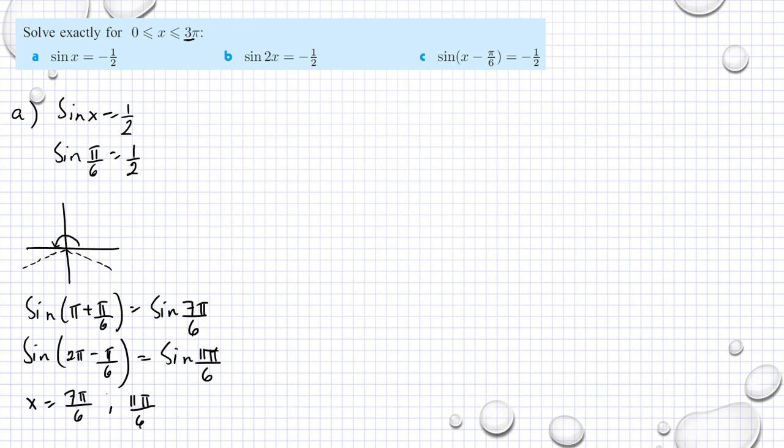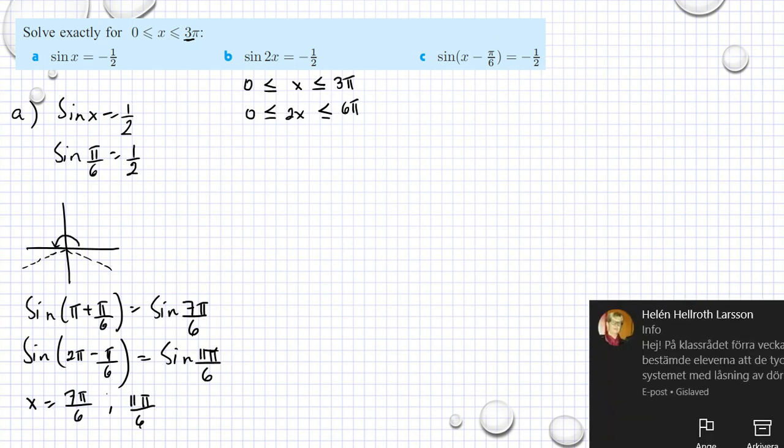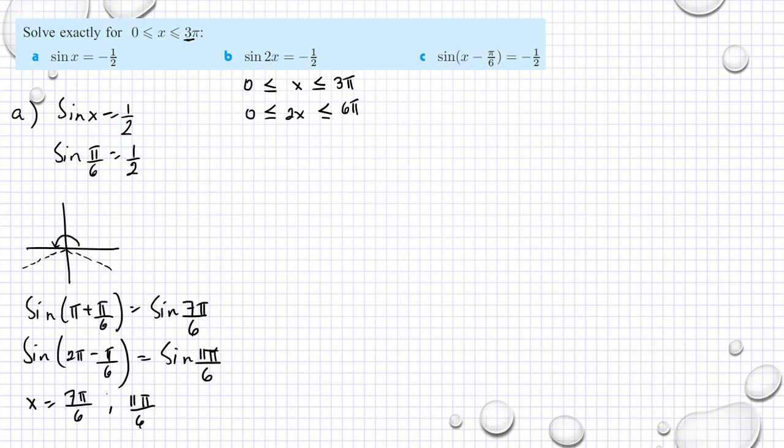Okay, as you can see here, it is very important that we know that our x is from 0 to 3 pi. So that means 2x is from 0 to 6 pi, because we multiplied it by 2.